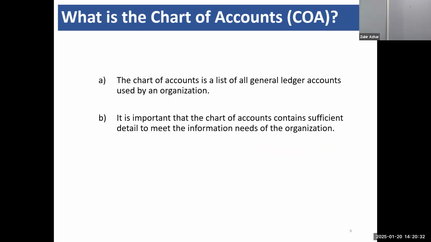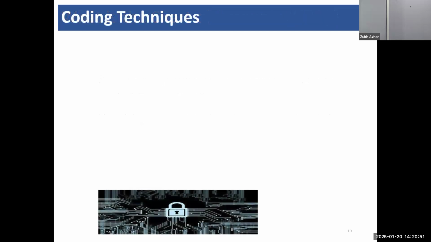Now, normally the chart of accounts will be represented by codes. The chart of accounts is a list of general ledger accounts used by an organization. It is important that the chart of accounts contains sufficient detail to meet the information needs of the organization. Okay.